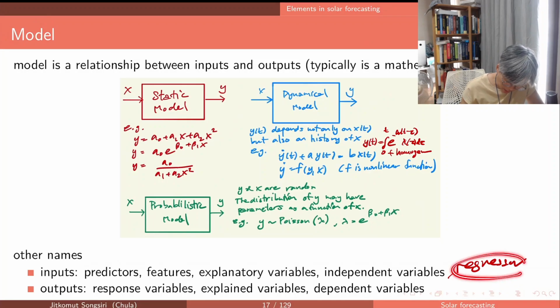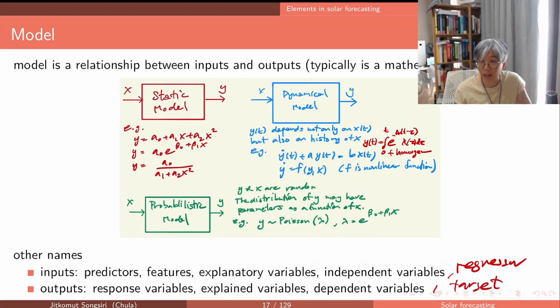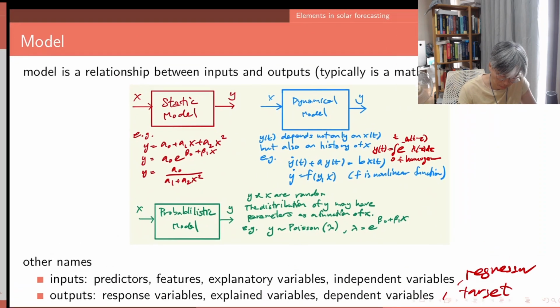These terms are used in statistics, and feature is used in machine learning. Input is the x. For the output, which is y, we use response variable, explained variable, dependent variable. In machine learning, people would use the term target of the learning.